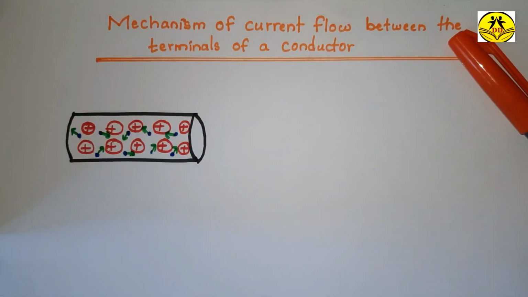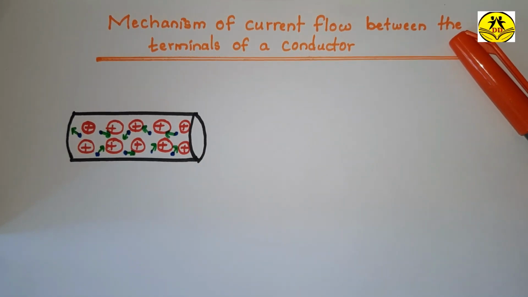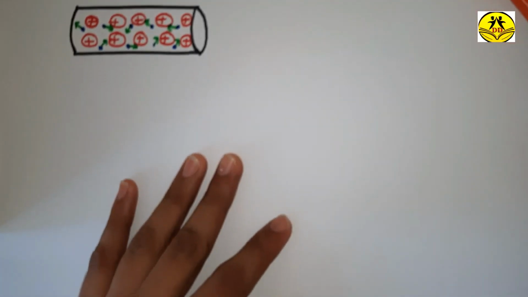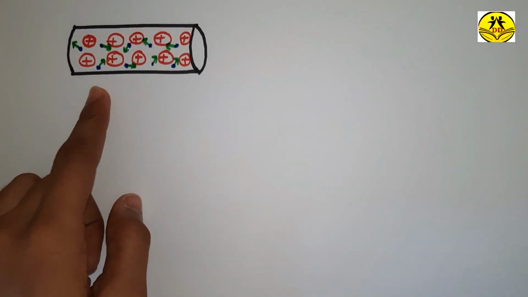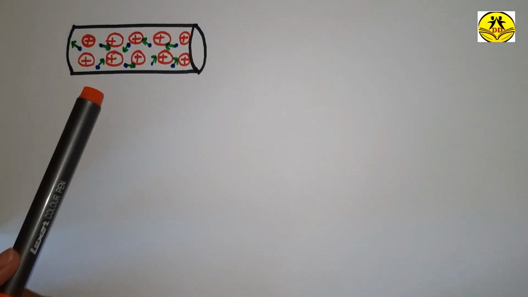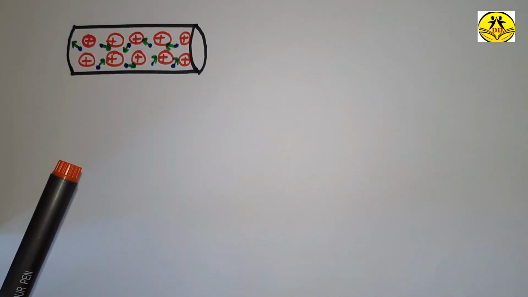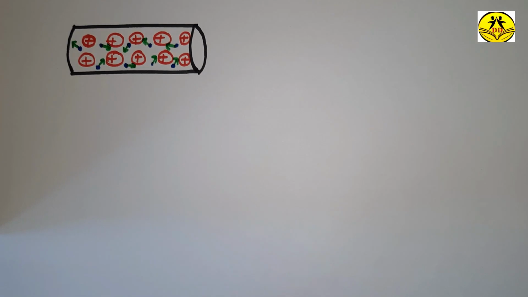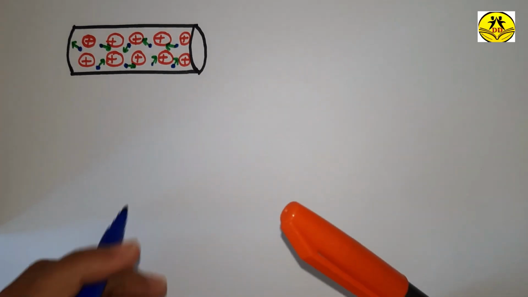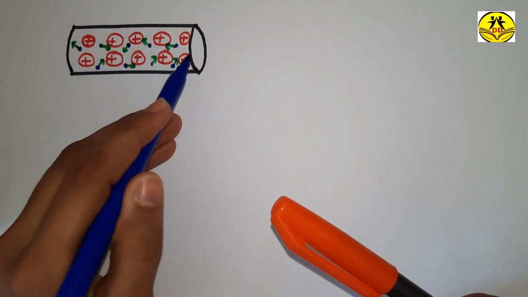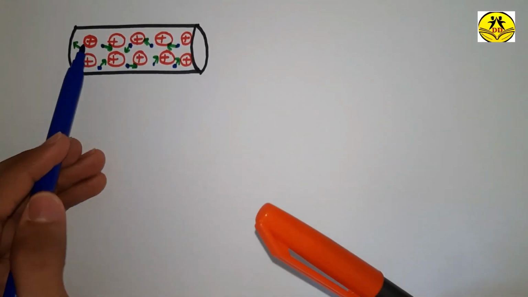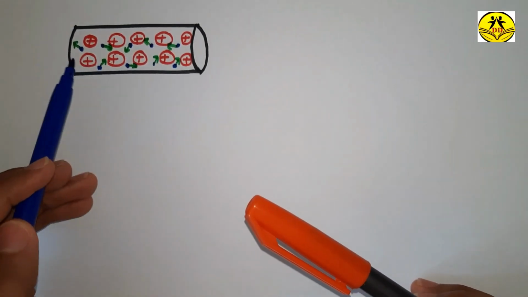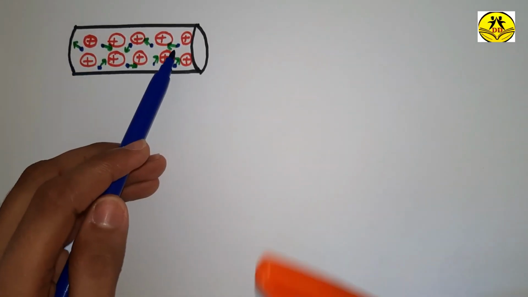Now let's talk about the mechanism of current flow between the terminals of a conductor. Here let's consider a metallic conductor like this. In metallic conductors, ionic lattice is formed by the removal of freely bound electrons from the outermost shell of atoms. So it forms cations and electrons which are mobile.